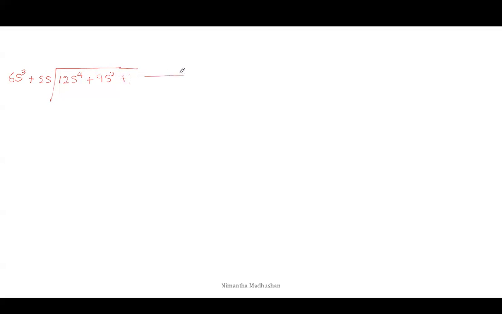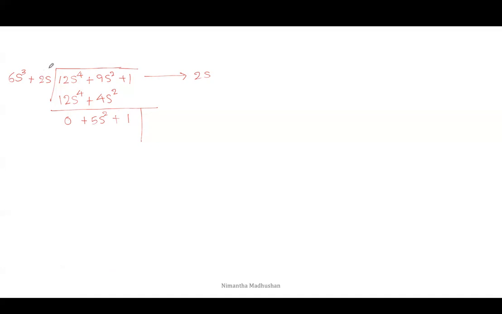From that one, I can obtain 2s. Then I multiply this by this term, 12 s to the power 4 plus 4 s squared. Then the remaining values are 0 plus 5s squared plus 1.